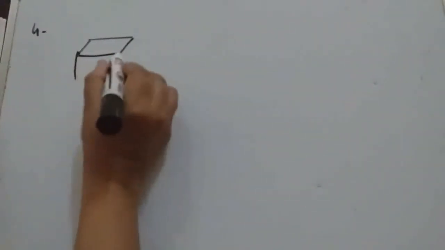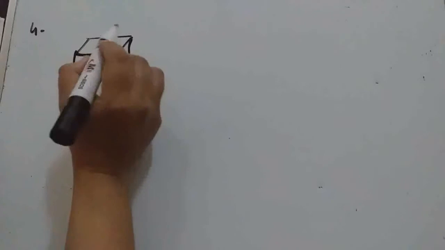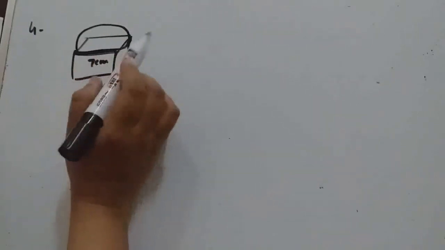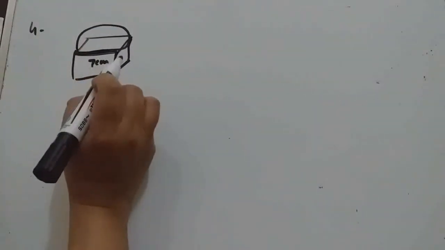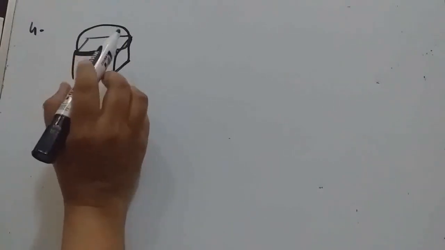In question number 4, a cubical block of side 7 centimeter, this side is 7 centimeter, is surmounted by a hemisphere. Okay, so this is the shape of the figure. Now what is the greatest diameter of the hemisphere we can have?